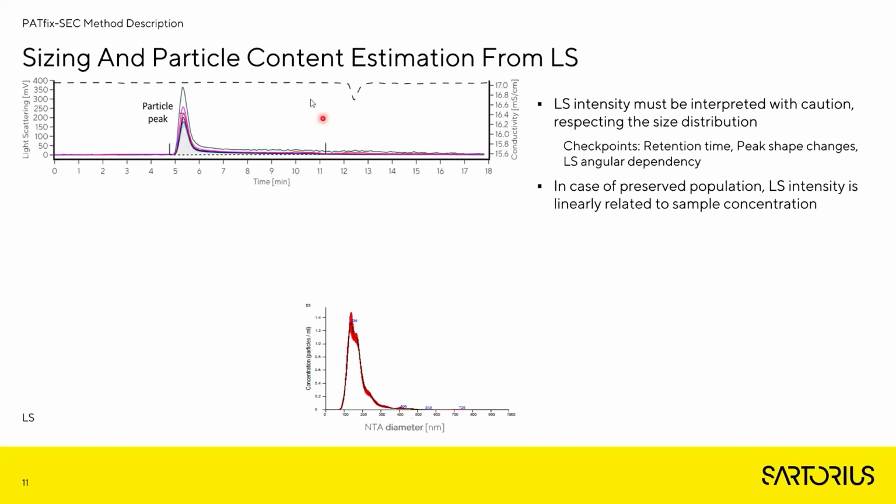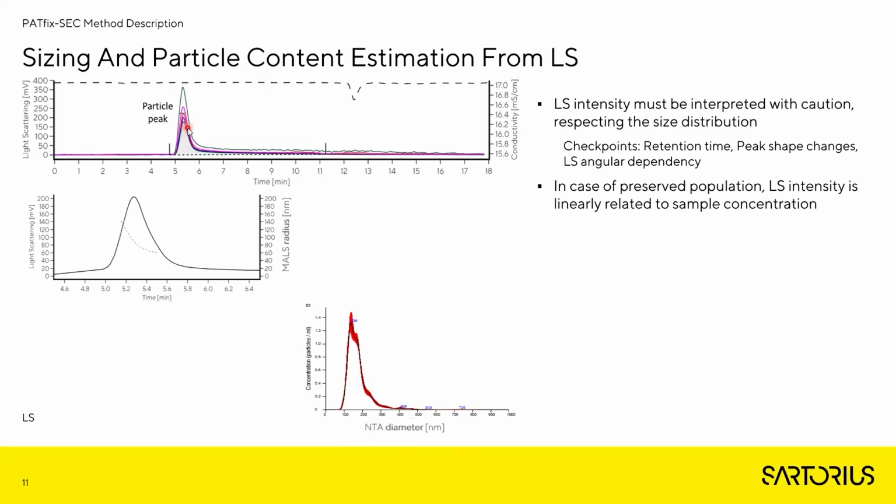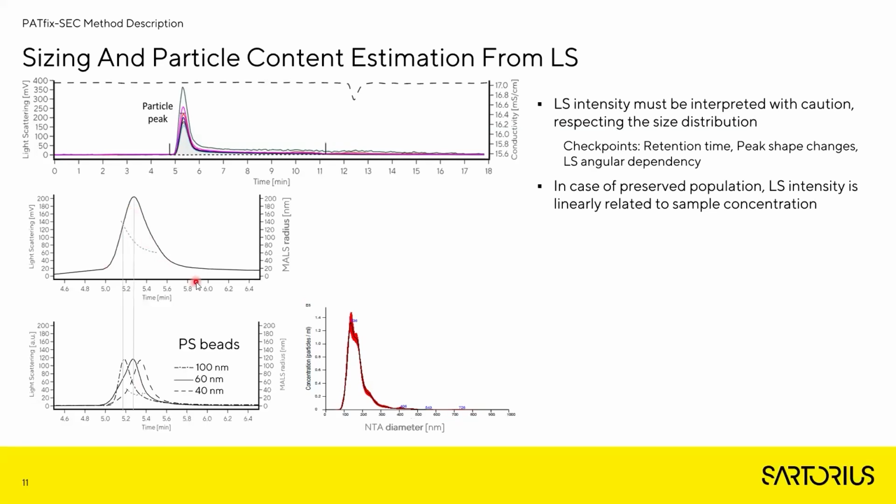Here we can see the NTA analysis of the sample that was injected on the column. If we have a closer look at the peak and compare it to the chromatograms obtained for the polystyrene size standard, we can see that some information about the particle size can be extracted already from the elution time.